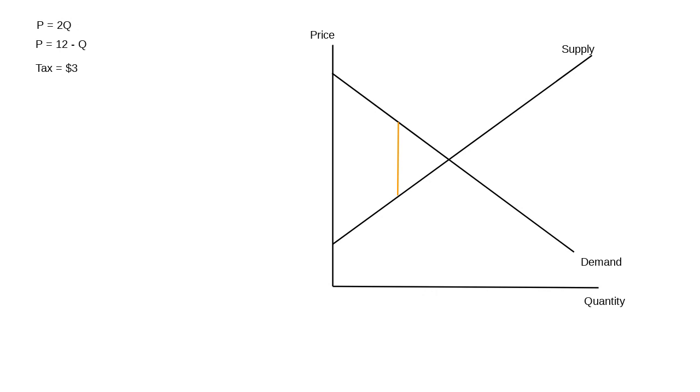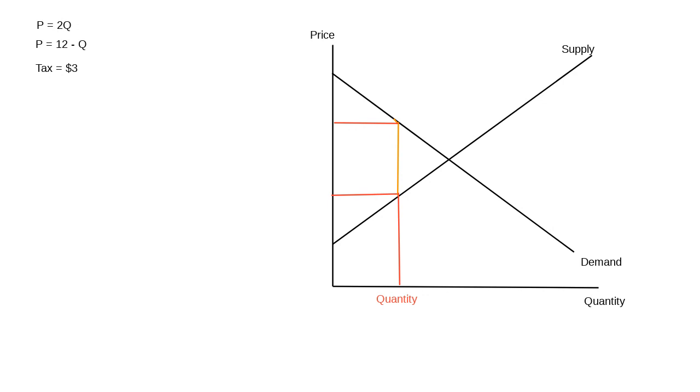Once we create this wedge, we're given the price that consumers pay, the revenue per unit for the firms, both after the tax, and then the equilibrium quantity after the tax. So this is quantity after taxes.